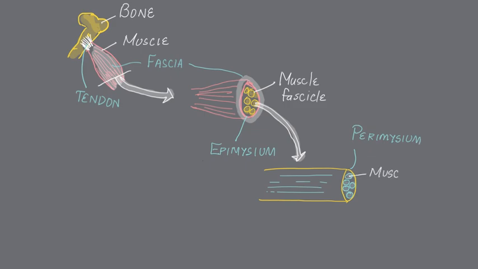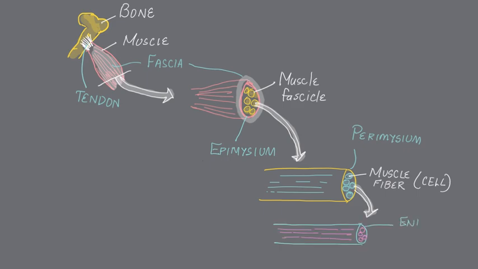So here are the muscle fibers, and each muscle fiber is actually a cell. Each muscle fiber is extremely long. It is one of the longest cells in the body, with many nuclei in a single muscle fiber. So here is a muscle fiber shown in blue, and each muscle fiber is surrounded by yet another connective tissue layer called endomysium.